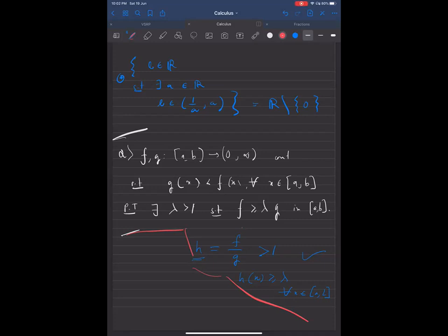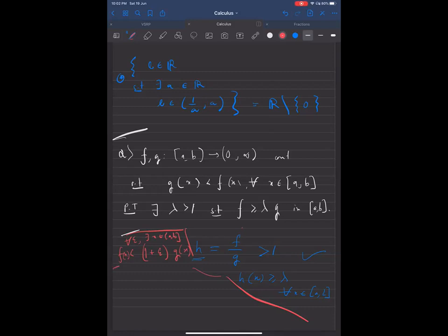So for any small epsilon, there exists a point x in AB such that f(x) is strictly less than (1 plus epsilon) g(x). This is the converse, right?